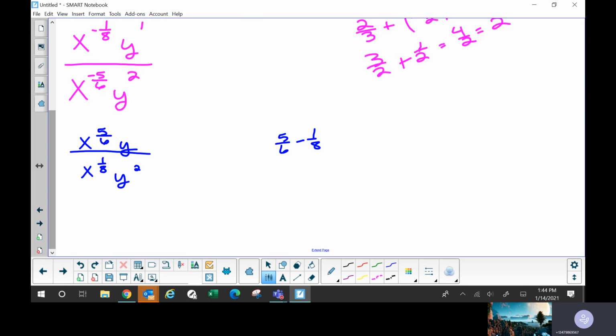Wait, how do you do that thing on the calculator where you put the fraction in? Which kind of calculator? TI 84 plus. Okay, let's do this together. All right, I lost my train of thought. 5/6 minus 1/8.